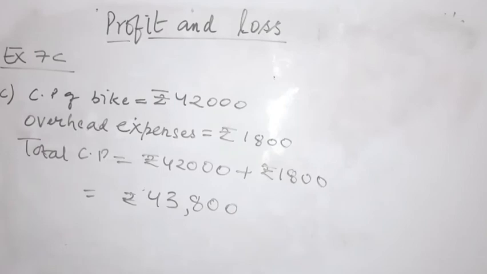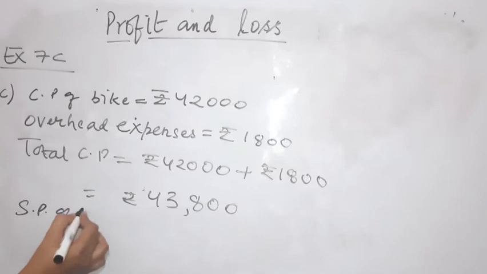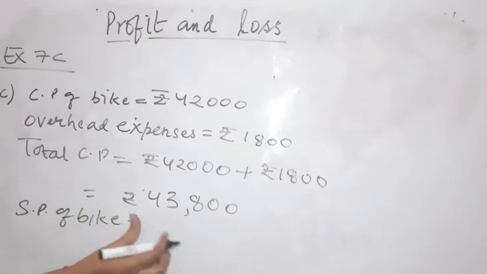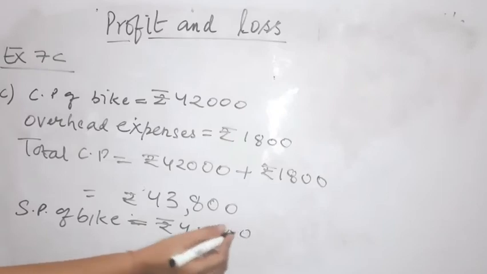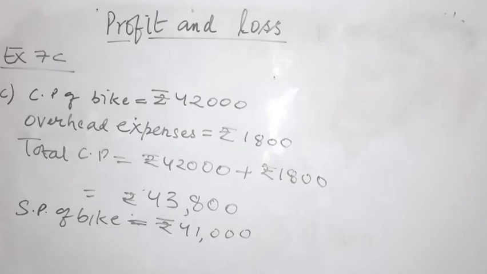Now we have to check whether there is a loss or a profit. So as you all can see, what is the selling price of the bike? It is rupees 41,000. So it is very clear the cost price is greater than the selling price. That means there is a loss on this sale of the bike.